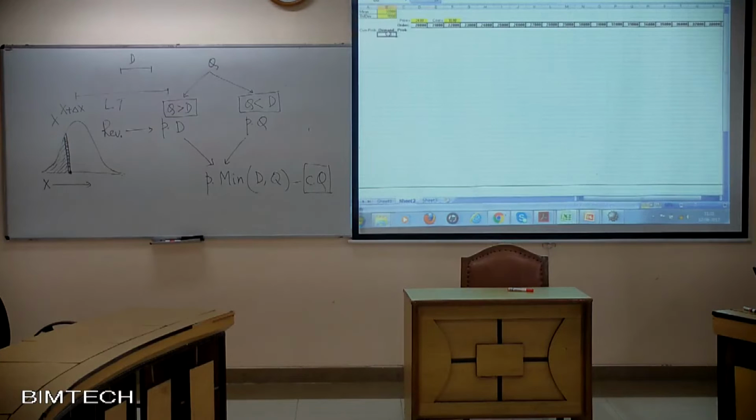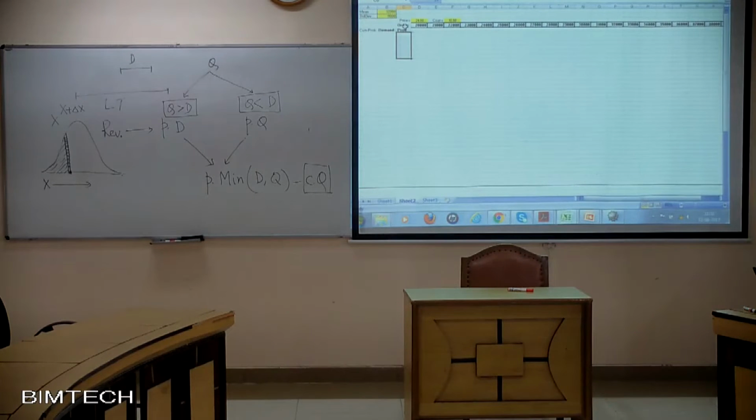Now, we have a column here which we are calling demand, and this column is where we will put our discrete values of demand. And then alongside that, I also have a column called the probability of that demand. Okay, I also have a column here which is the cumulative probability. As you can see here, we will use the cumulative probability and the difference to determine the probability.